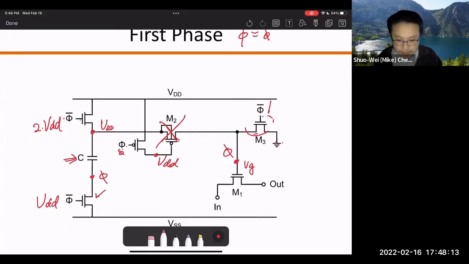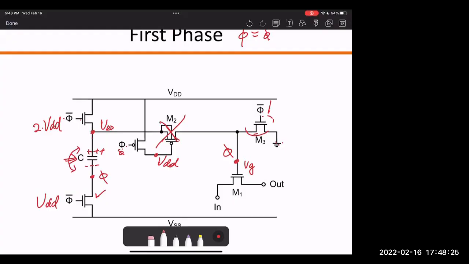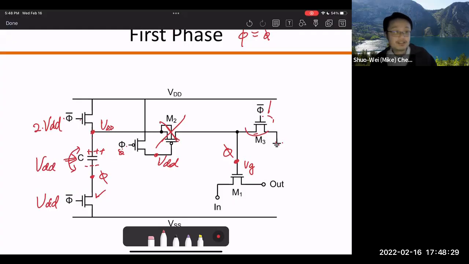The top side connects to VDD and the bottom side connects to ground. So the voltage drop across this capacitor is VDD. That's very important. So you reset or pre-charge this capacitor in phase 1 to be exactly VDD.